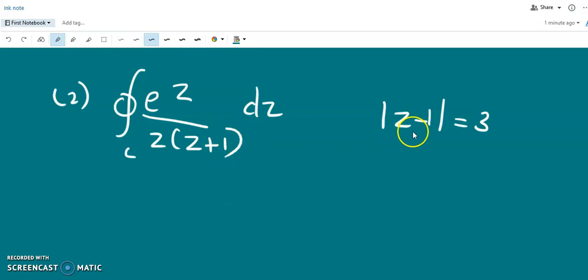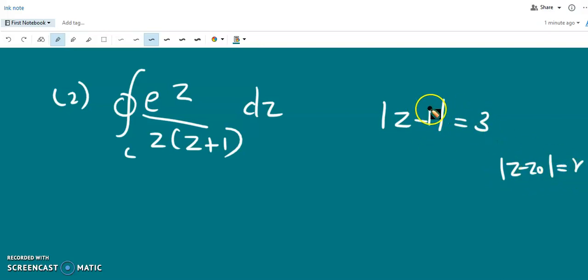But you have to remember that here the contour is mod z minus 1 equal to 3. So this is a circle with center 1 and radius 3. Mod z minus z0 is a circle with center z0 and radius r.